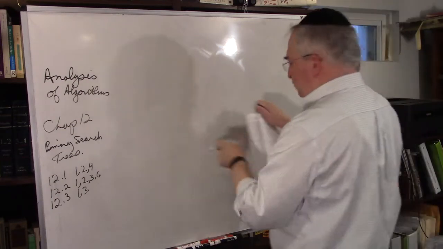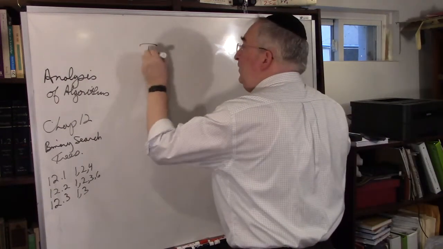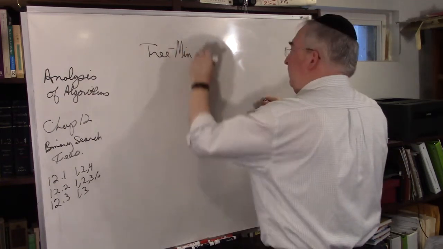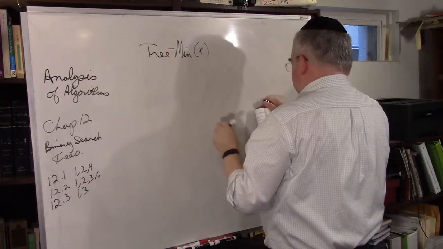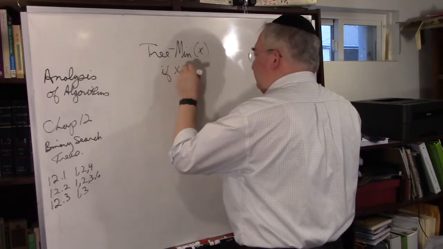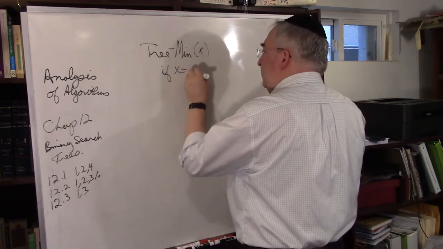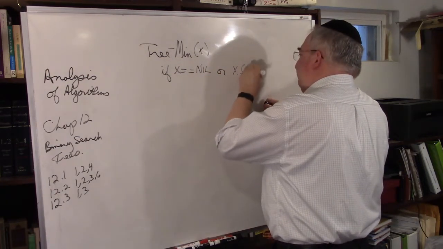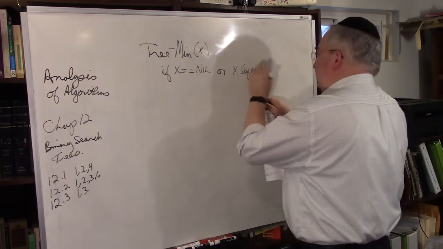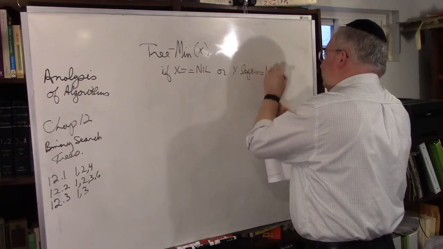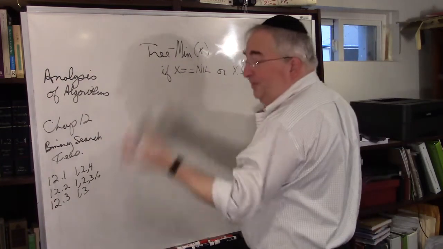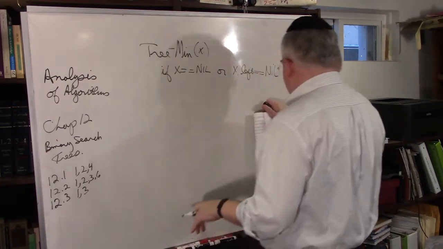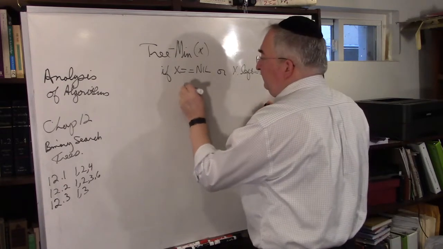Okay, number 2, tree minimum of x. If x equals nil, or x dot left equals nil, in other words, if it's empty or it has no children, return x.